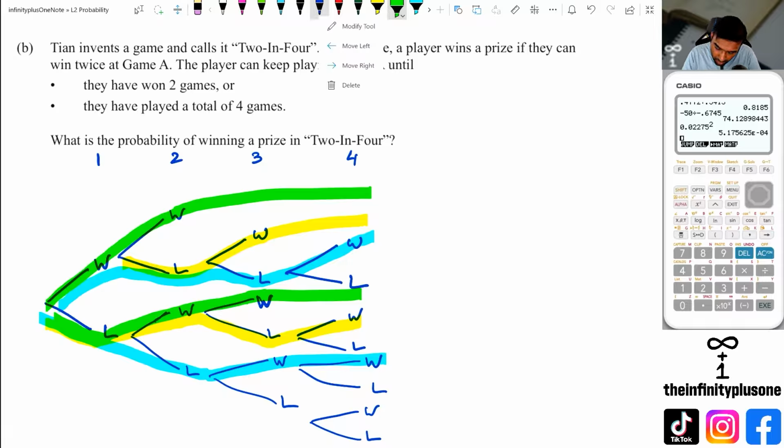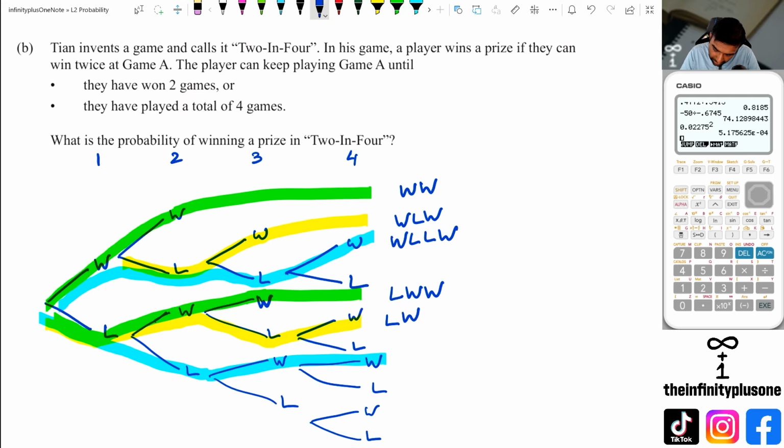So we've got win win, 2 wins in a row. We've got WLW, WLLW, then LWW, LWLW, LLWW. So altogether we should have 6 branches, and then we know that the probability is either 0.6 or 0.4.